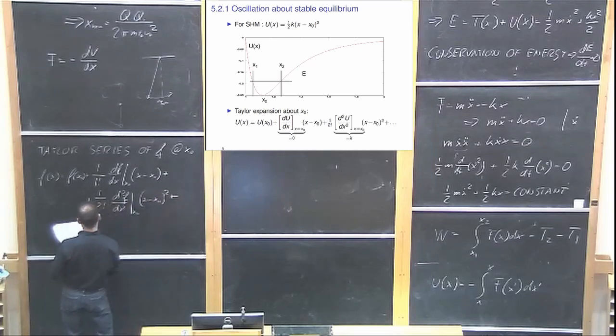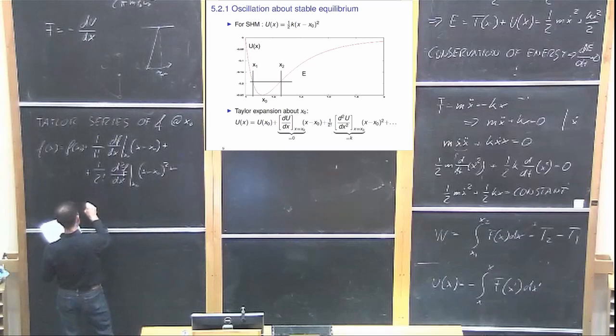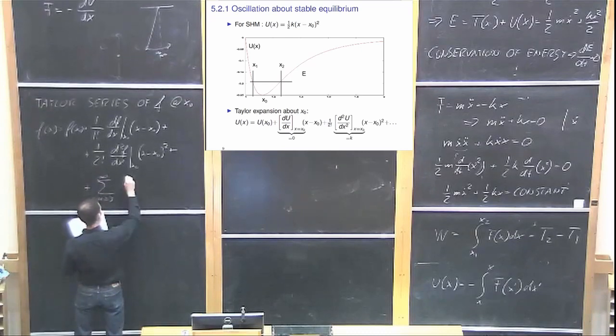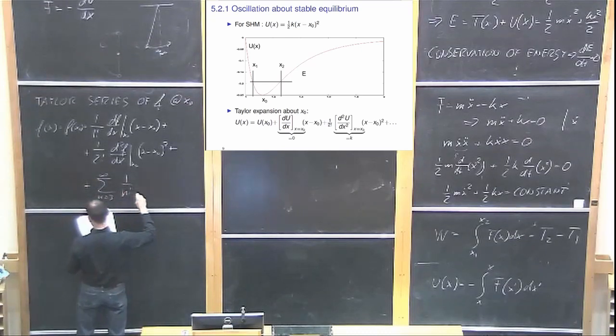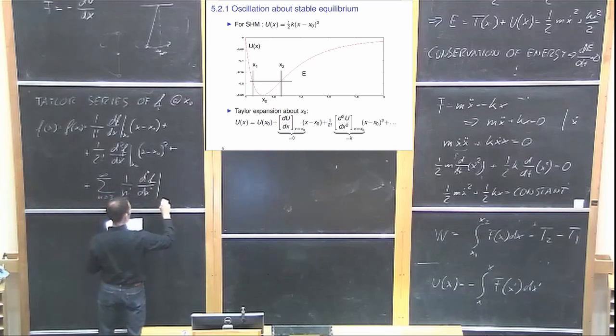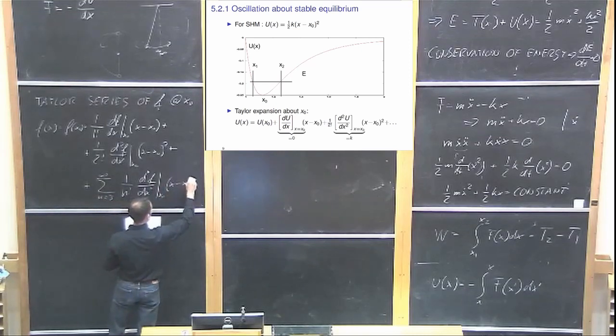You recognize already the pattern here, and that goes on to infinity, the sum from n equals 3 to infinity of 1 over n factorial, d^n f over dx^n, the nth derivative evaluated at x naught, times (x minus x naught) to the n.